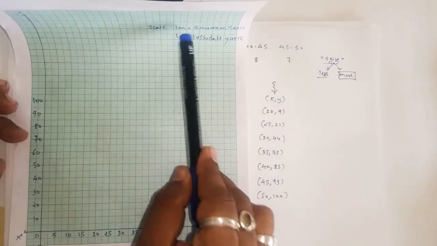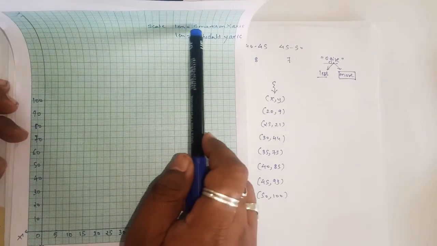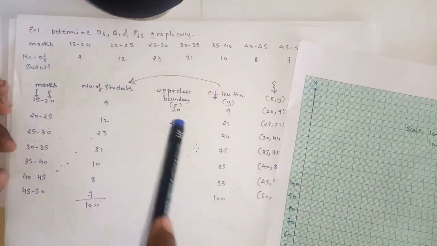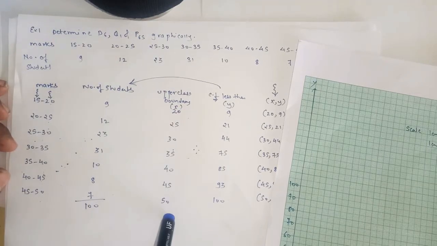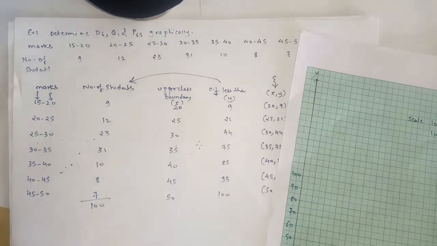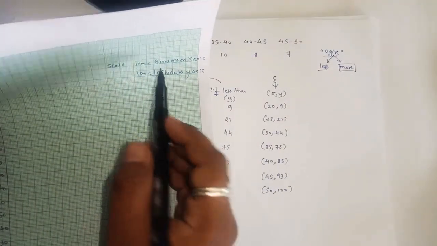Here on the x-axis I took 1 centimeter equals 5 marks. Your upper class boundary actually, where did you get this answer from? We got this answer from the class. The class actually is marks. So that's why here I wrote 1 centimeter equals 5.